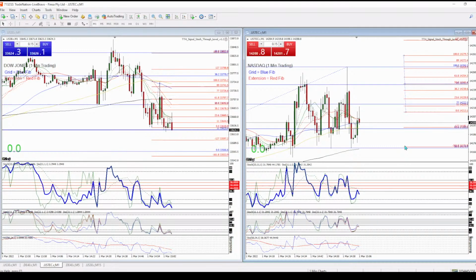I'm out. We did trigger short on our opening range.